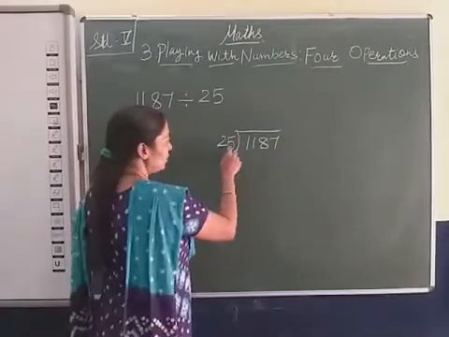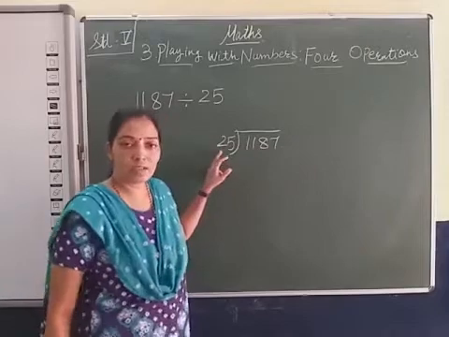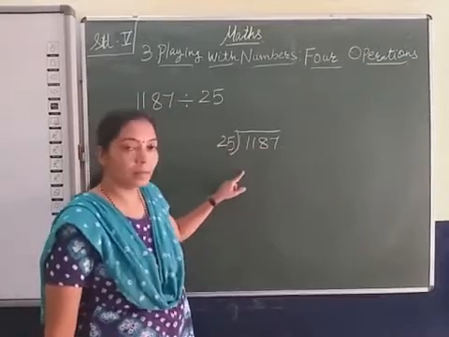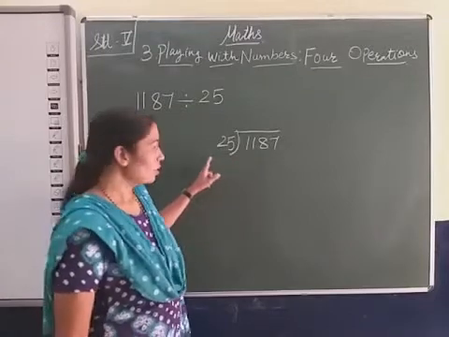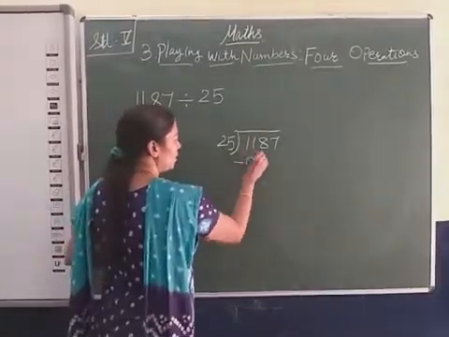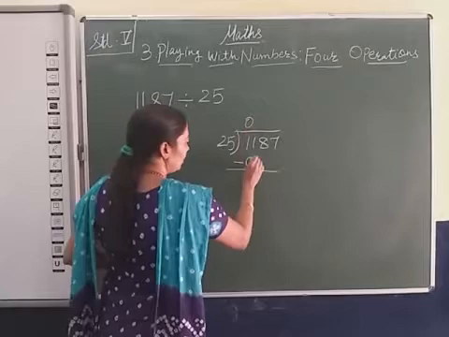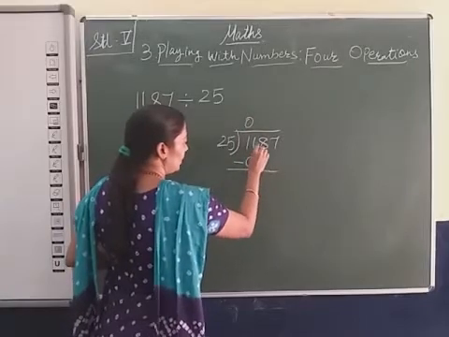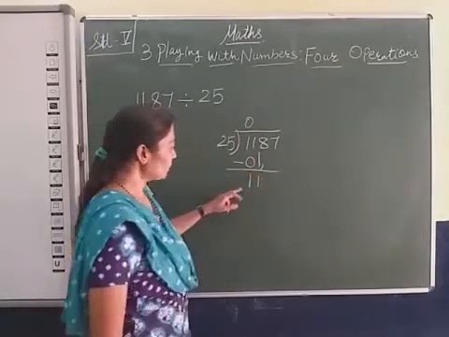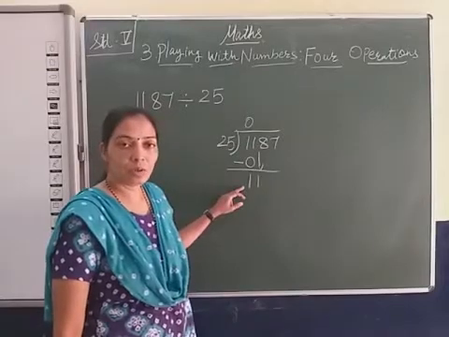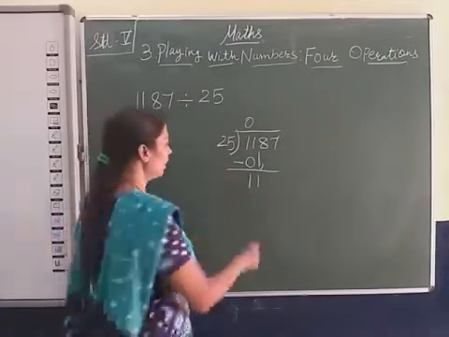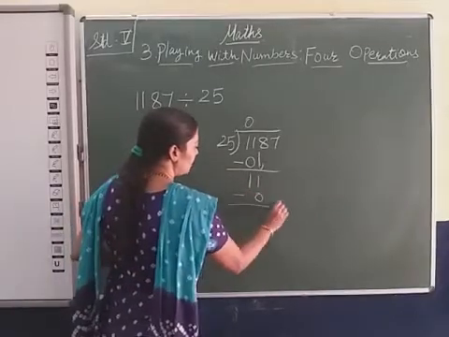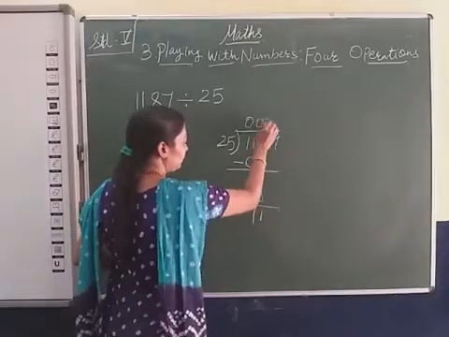So let me start, 25 divisor is 2 digits and we take here the 1. So it is a less number. So we show here the 0 and put the 0. Then take 1. Now 11. 11 also is a less number than the divisor. So what we will do here, again put 0.